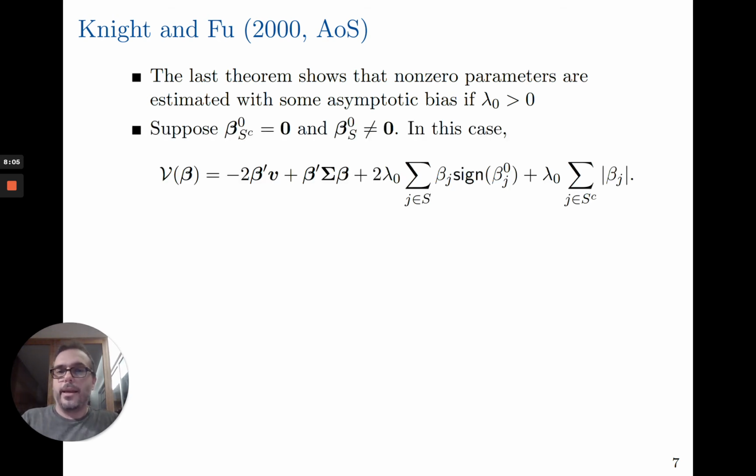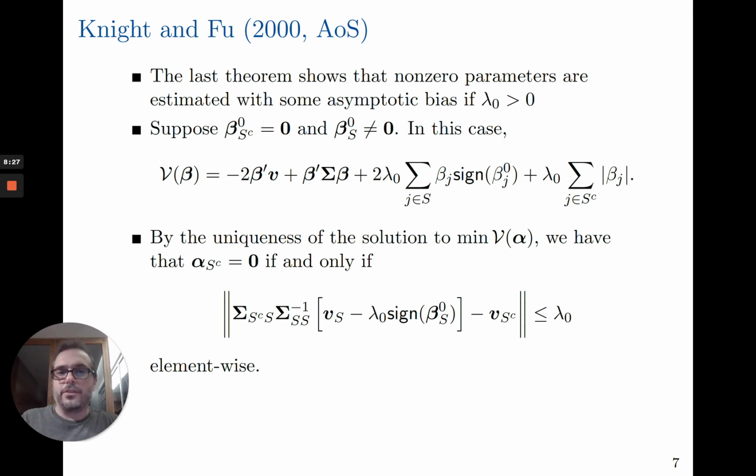If we suppose that the true beta naught on the irrelevant set is 0 and on the relevant set is different from 0, then the function v is given by this expression here.